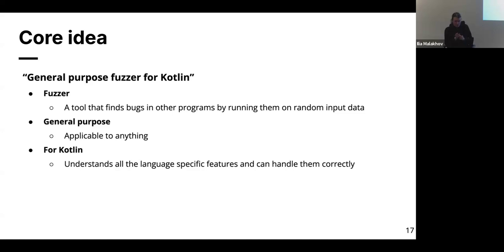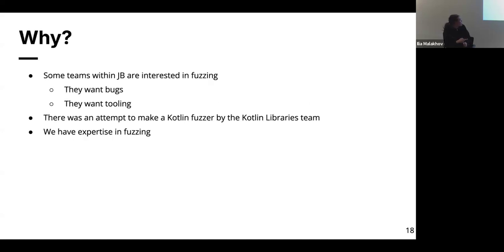And this fuzzer should be specifically designed for Kotlin, so it understands its specifics, since Kotlin has a lot of features. We need this because we have some teams at JetBrains which are interested in bugs which can be found by a fuzzer.